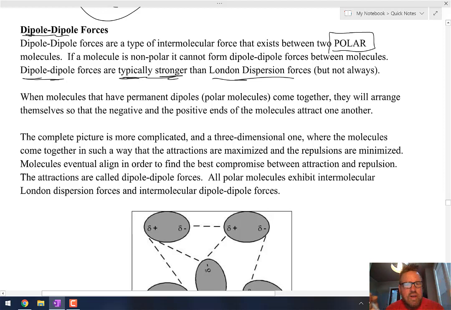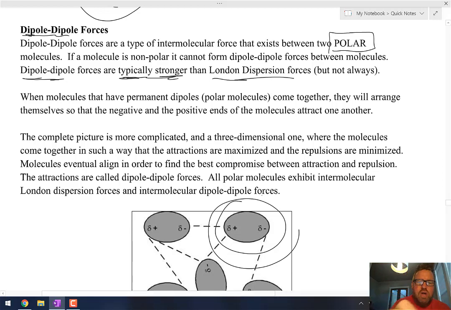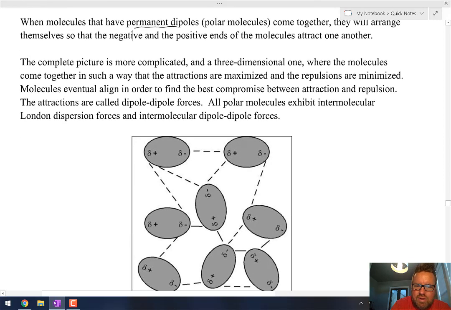With London dispersion forces, remember we had those instantaneous or induced dipoles, but with polar molecules, we have a permanent partial negative charge and partial positive charge, like you can see right here, and that never changes as the electrons move around. So you have these permanent dipoles, and they're going to be attracted to other molecules in such a way that the positive end of one molecule is attracted to the negative end of another molecule, and the opposite is also true.